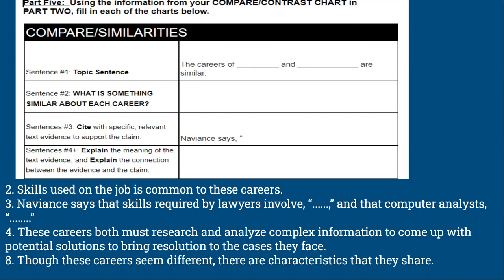So think, which of the similarities will you actually be able to develop in your writing? I will say, when you say they require the same level of education, that one can be more difficult, same with salary, but you just have to dig deep with the information that you found to explain those further. So what is the similarity between those careers?